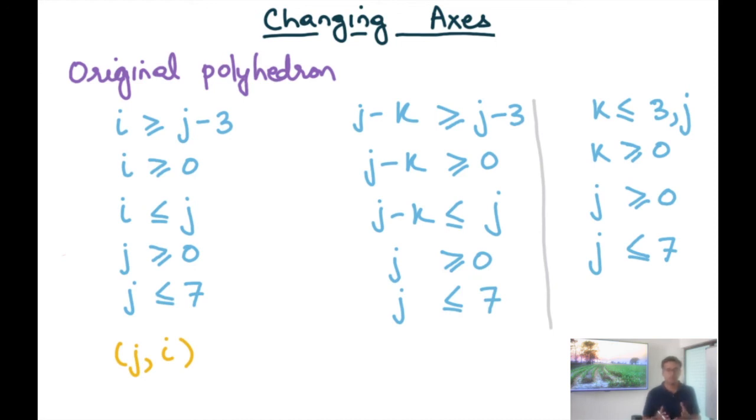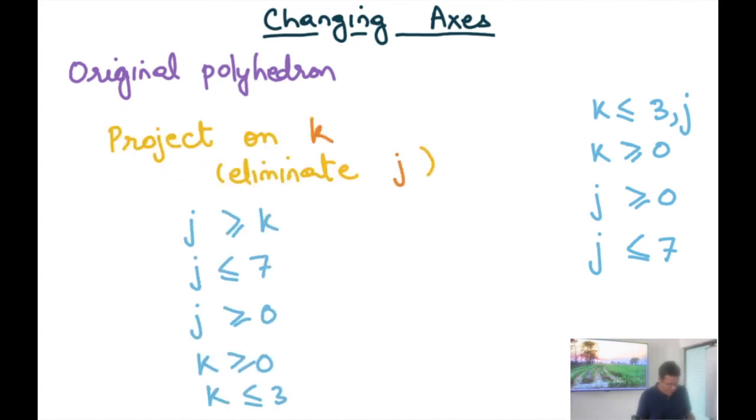What is the innermost index? It's j. So what do I project on? I project on k, and from that I get the upper bounds and lower bounds of the outer loop on k, and then I get the lower bound and upper bound of the inner loop on j for a given value of k. So I project on k by eliminating j.